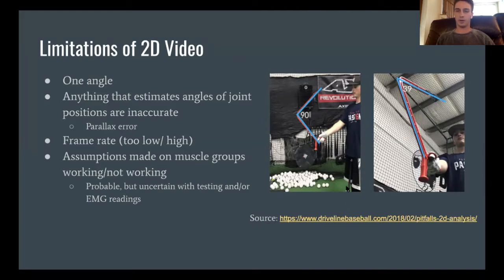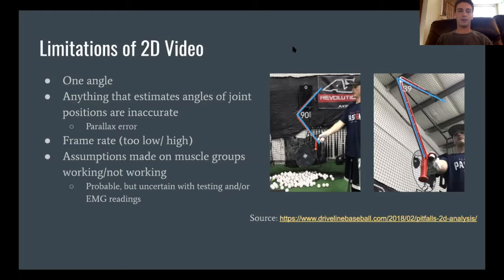They posted an article about this a couple years ago, but basically this is the same exact picture taken from two different camera angles, and you have two wildly different degrees being measured here. So if you see things online that say they're doing biomechanics breakdowns using degrees, and this degree means this, you have to look at that pretty critically because there can be some error there.